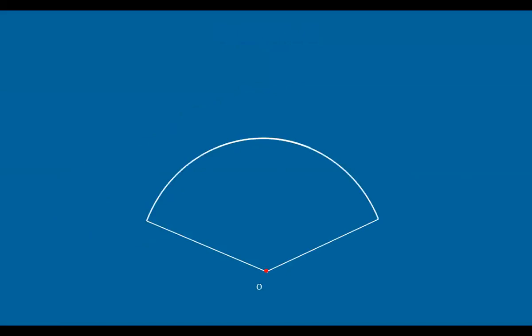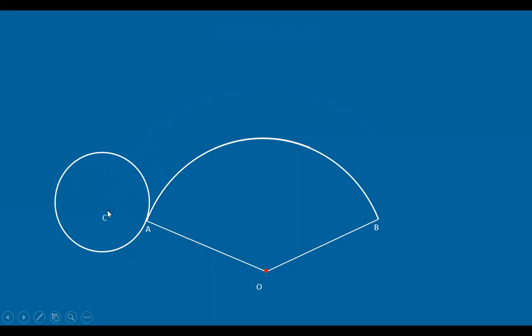Take some angle here. The angle is obtained with the help of the radius of the circle and the radius of this curvature. Here the angle theta is taken as 2 pi into small r by capital R. I have taken this as capital R and drawn some curve here, and we have taken the circle which is rolling on top of it.